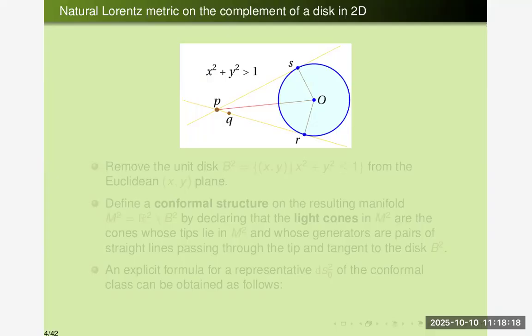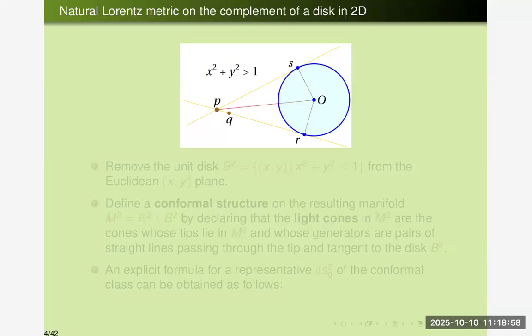And this conformal structure is defined very easily. If you have to define a conformal structure on a manifold, you have to see what the light cones are. And you define light cones as cones that are tangent to the disk. Okay? So if you have a point here, a light cone coming out from this point is just a cone made by 2 tangents to the disk coming from this point.